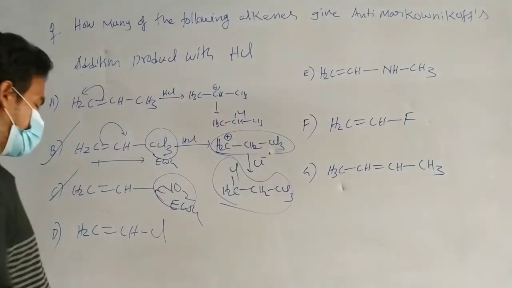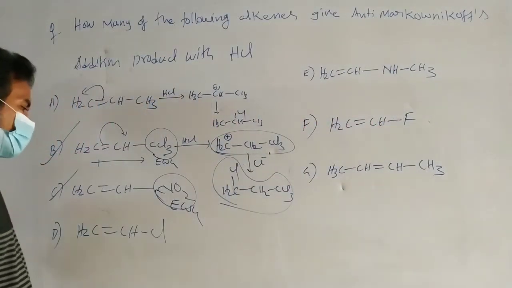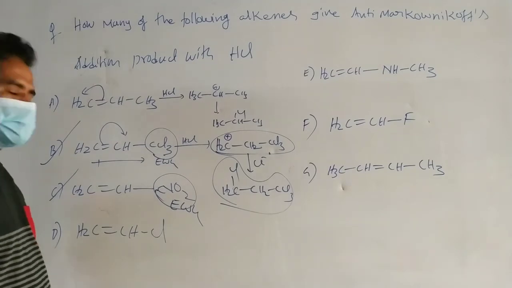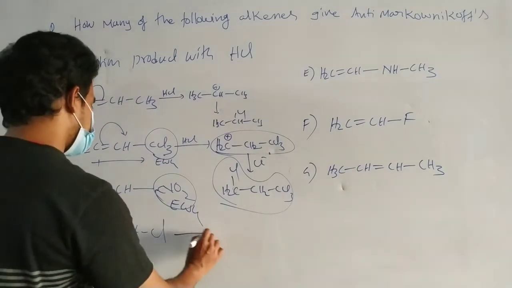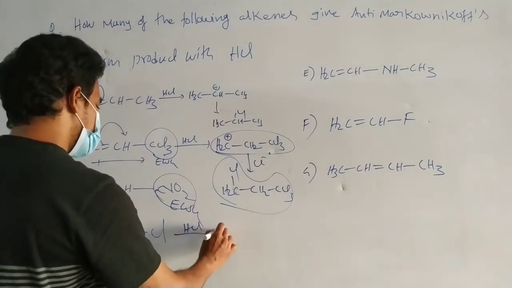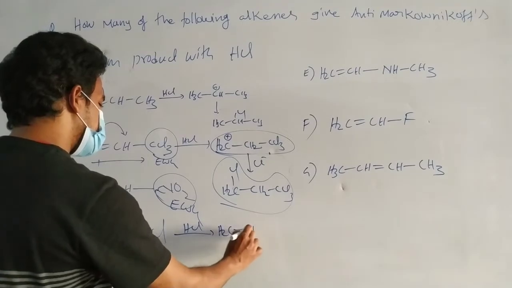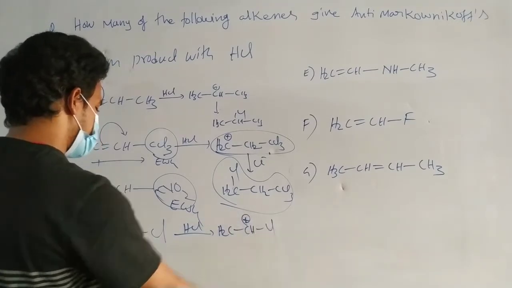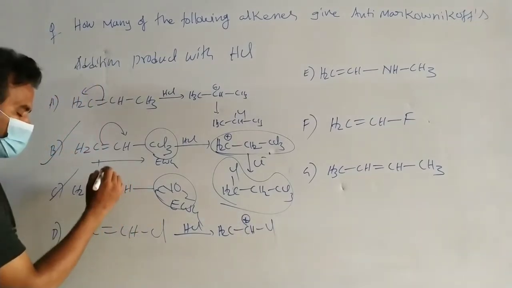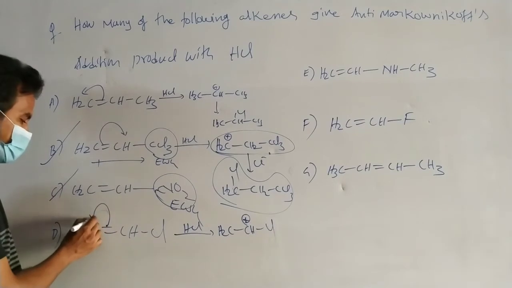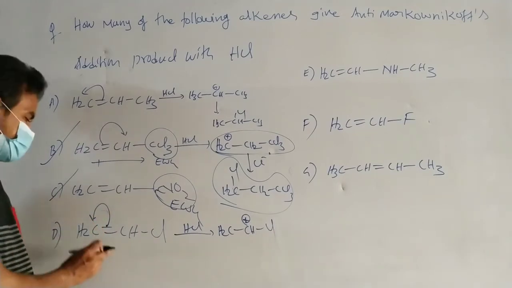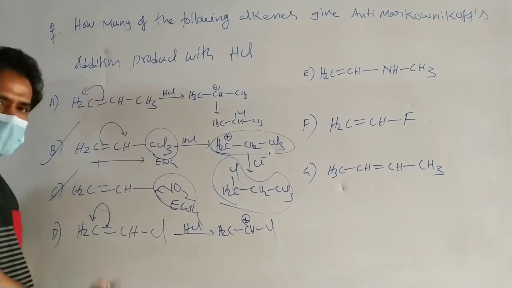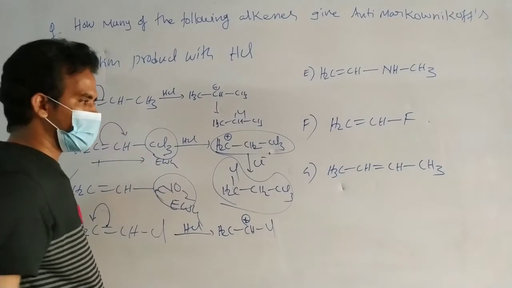Now this vinyl chloride follows Markovnikov addition. Here, HCl with CH2=CHCl. Protonation takes place on this carbon: H plus attacks the carbon which has more hydrogens, and this is the carbocation.